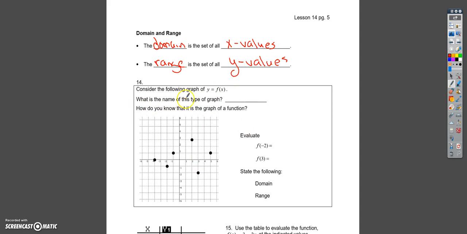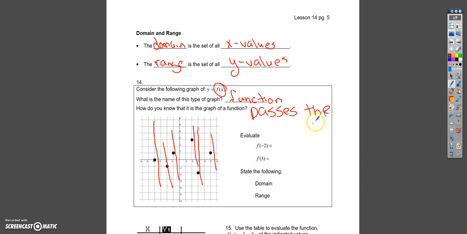What is the name of this type of graph? It is a function because it's written in function notation. How do you know that this graph is of a function? If we do the vertical line test, it passes the vertical line test.